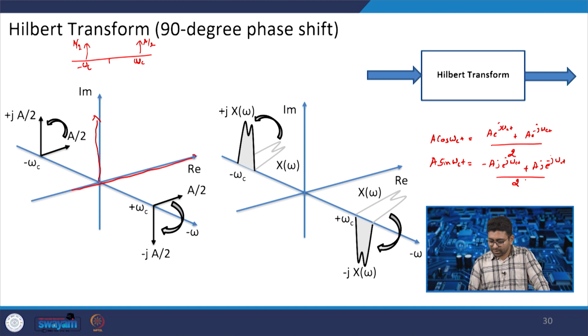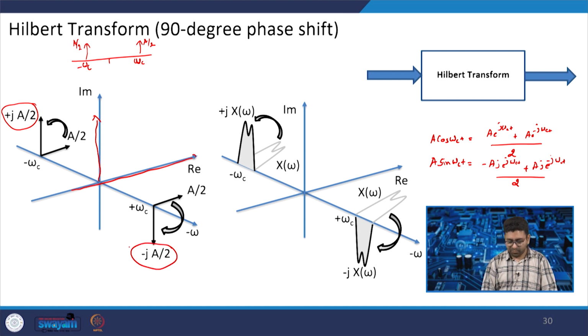You can see that for the negative frequency, because this is the imaginary plane, it is plus j A by 2, and for the positive frequency, plus j omega_c t, it is minus j A by 2. So, this is the amplitude.